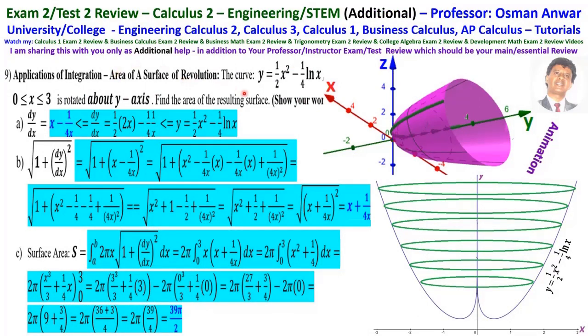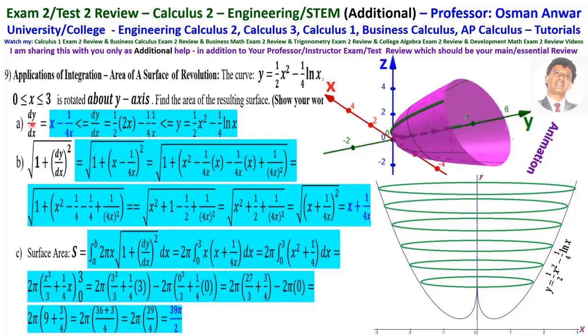Number 9 is the curve y equals 1 over 2 x squared minus 1 over 4 ln x, where x is between 0 and 3, is rotated about the y-axis. Find the area of the resulting surface. So we are rotating this curve around the y-axis, and we are finding the surface area of this revolution.